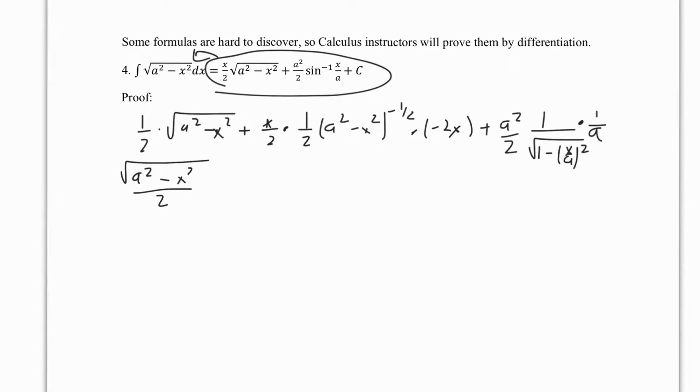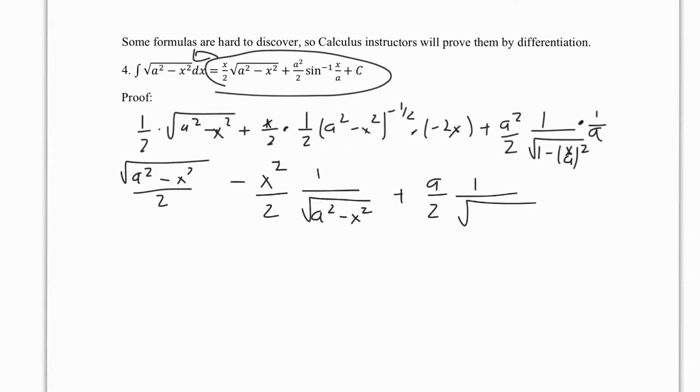So we're going to have negative x squared over 2, and then, of course, we could turn this into a 1 over the square root of a squared minus x squared. Oh, one of the a's will cancel here, nice. A over 2, 1 over the square root of 1 minus x squared over a squared if we distribute that square.